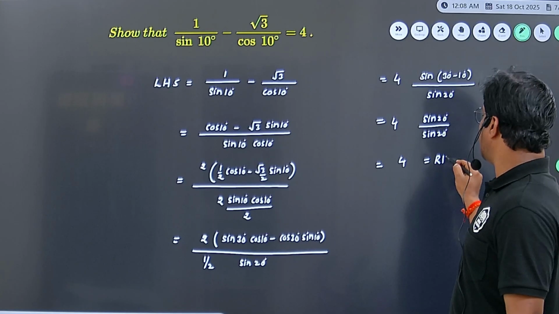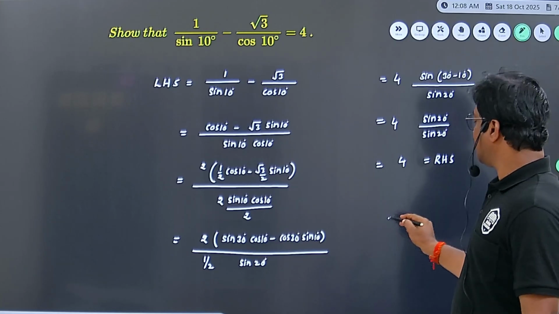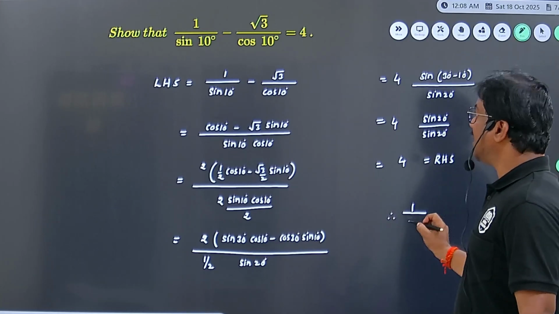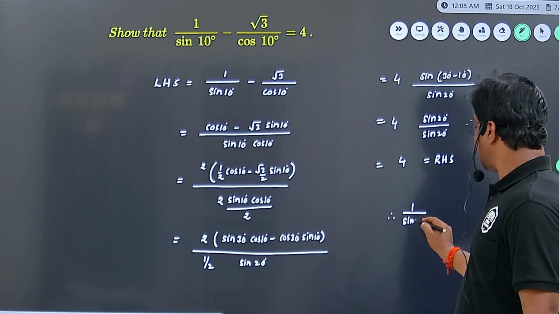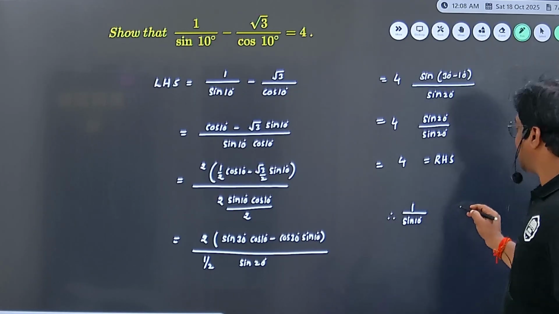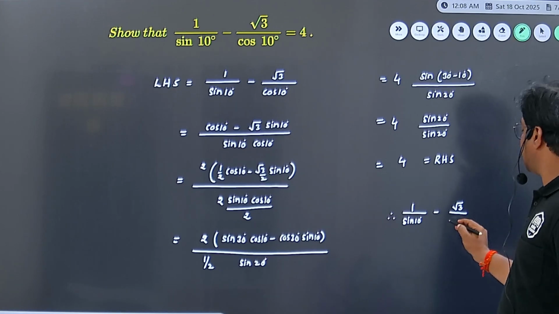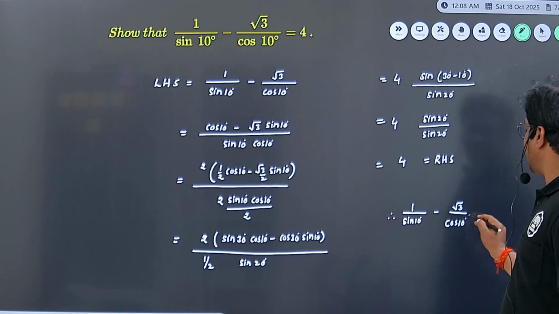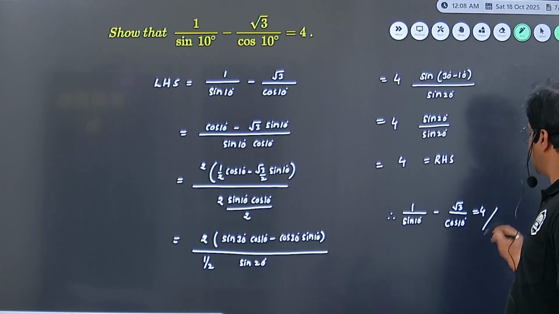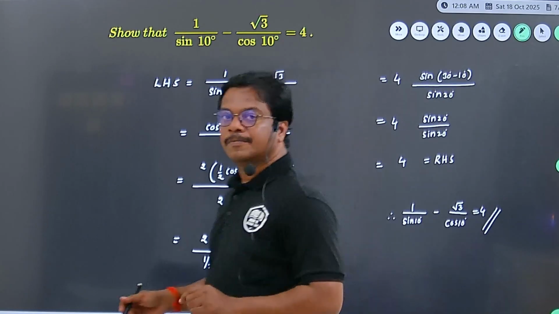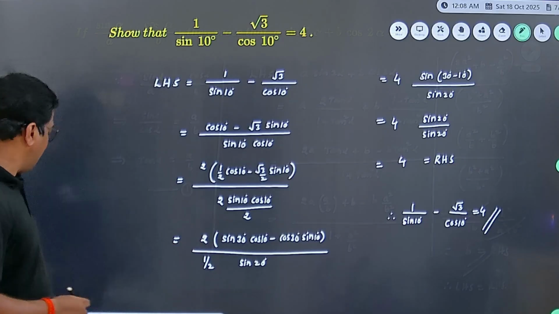This is your RHS part. Therefore, 1 by sine 10 degrees minus root 3 divided by cos 10 degrees is equal to 4. Yes, let us move to the next one.